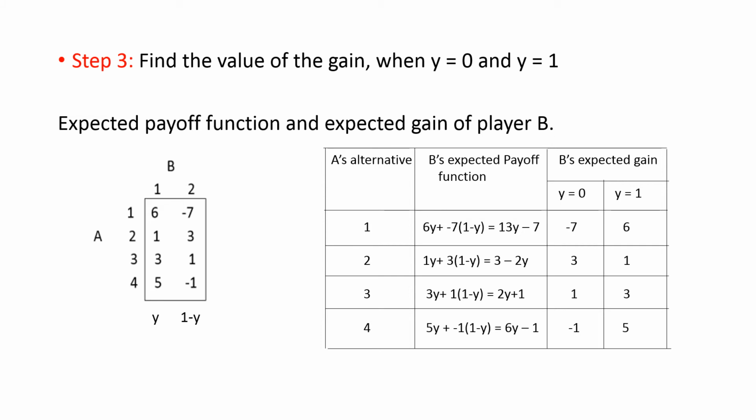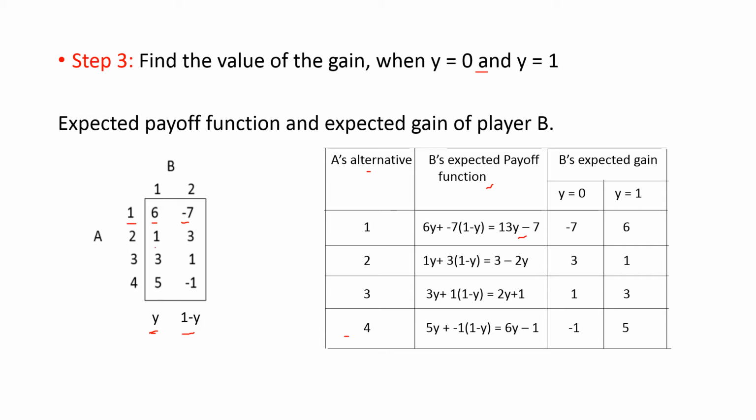Next is step 3: find the value of the gain when y is equal to 0 and y is equal to 1. The probabilities are y and 1 minus y. So A's alternatives are 1, 2, 3 and 4. B's expected payoff function for the first strategy of A is 6 into y plus minus 7 into 1 minus y, so you get 13y minus 7.